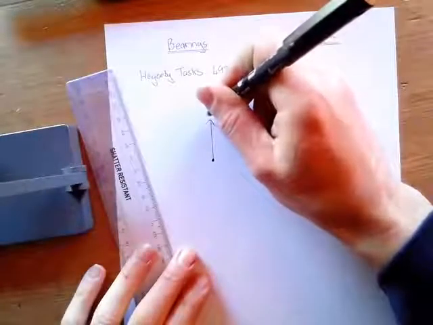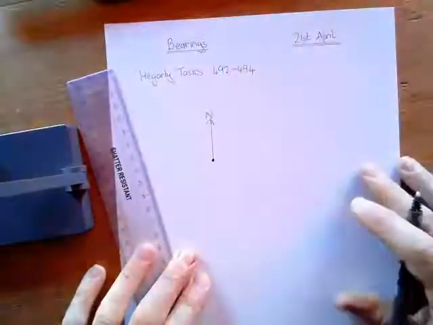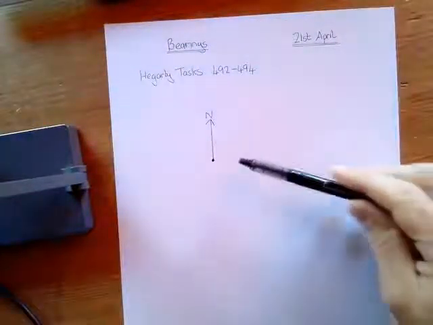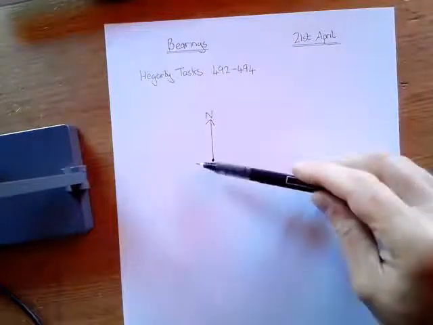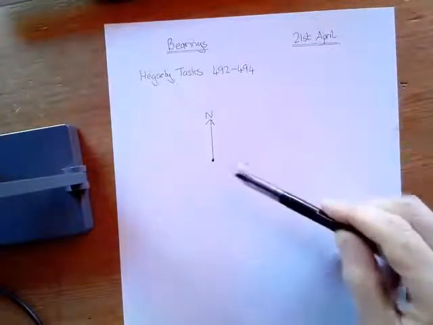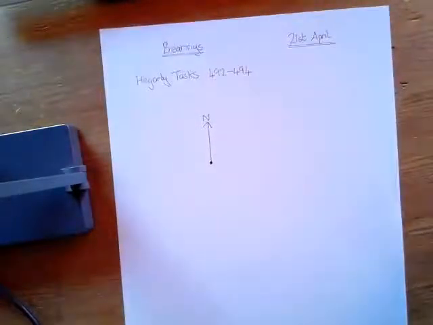Let's suppose that north is straight up the page, so I'll put a little N there for north. I'm not going to write on all the other compass directions, but we could have east, south, and west. You can also have northeast, southeast, southwest, and northwest, and there are other ones as well.